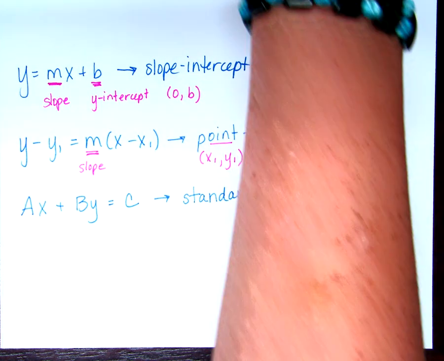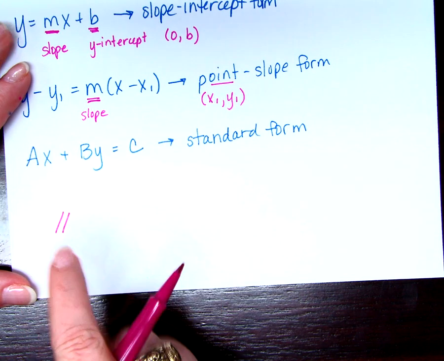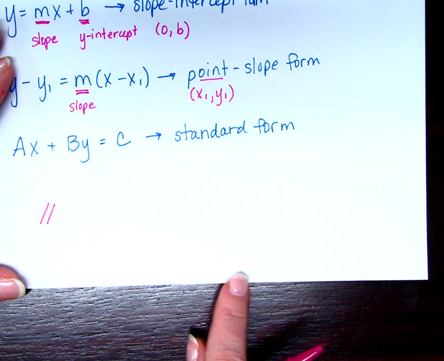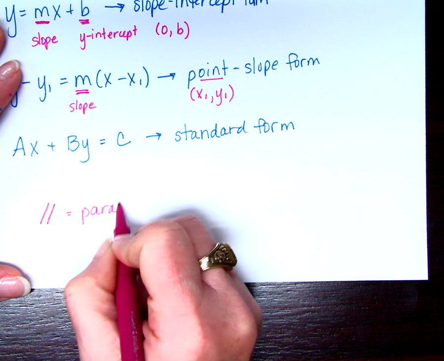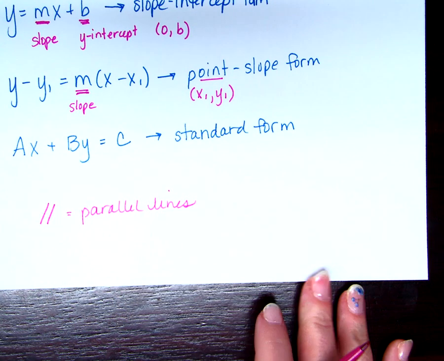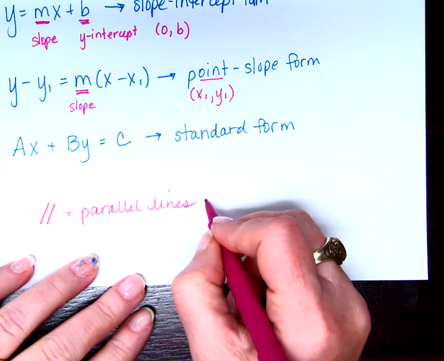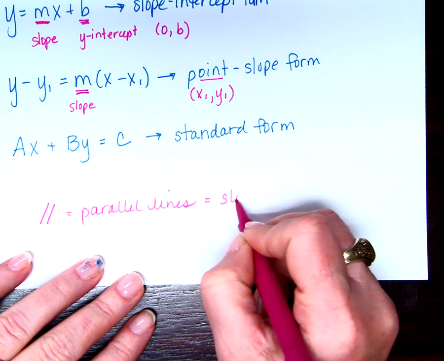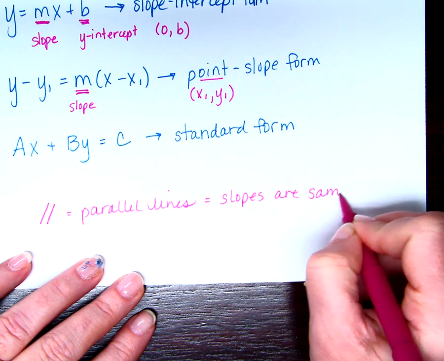Some more linear things to think about and to know. What's that the symbol for? Do you remember? It's for parallel lines, right? And what do you know about the slopes of parallel lines? Slopes are the same.